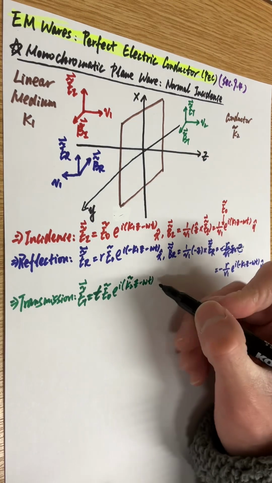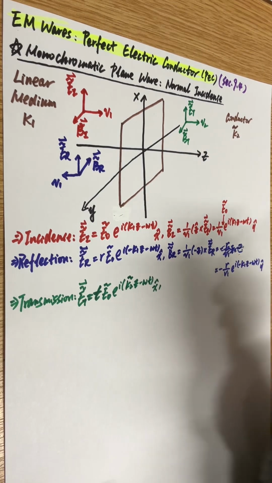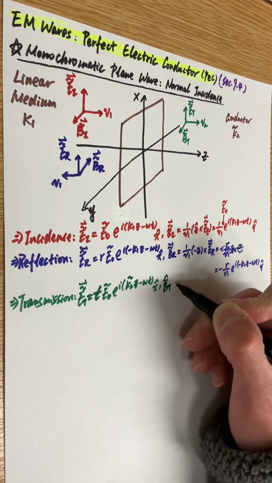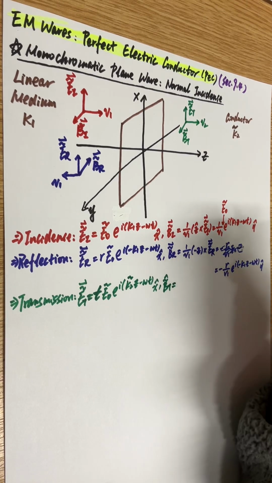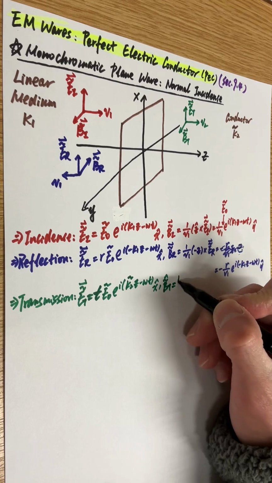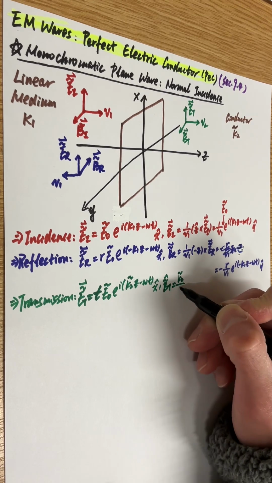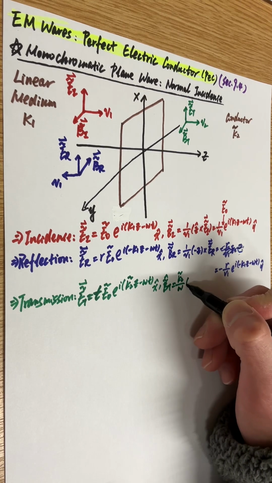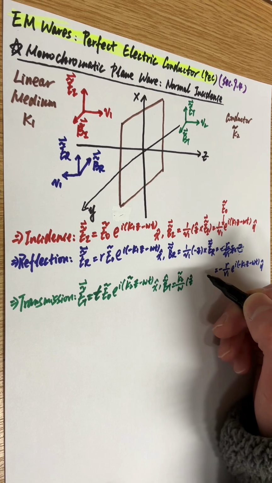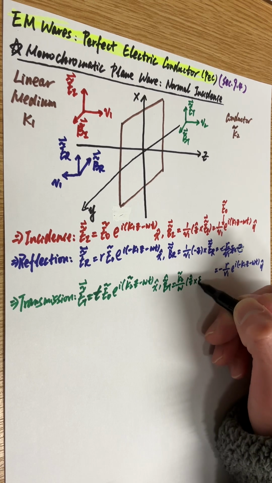Polarization is still x direction. And then we have BT equals to complex valued kappa 2 divided by omega, and then the propagation direction cross ET.